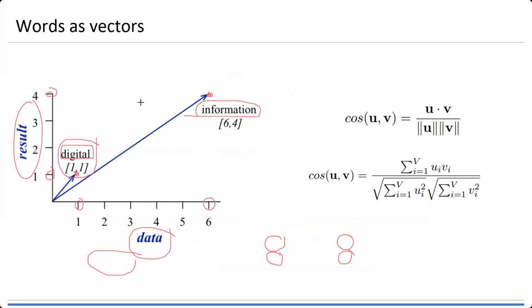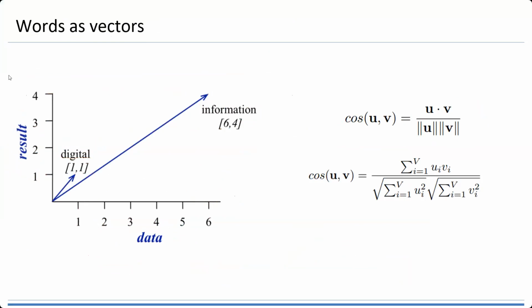And if we use these words as factors, then we can calculate the similarity. If you still remember from when you learned data mining, I'm going to discuss more about the cosine similarity.